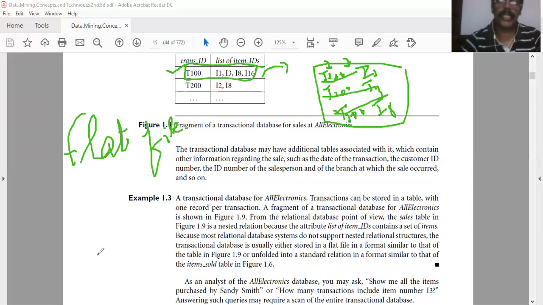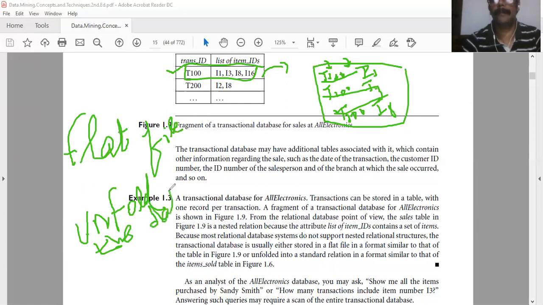The second method is to unfold the data. The transactional database can be represented as a flat file or unfolded.